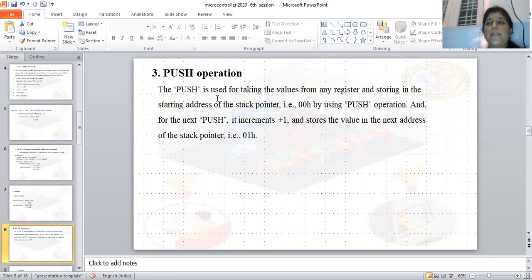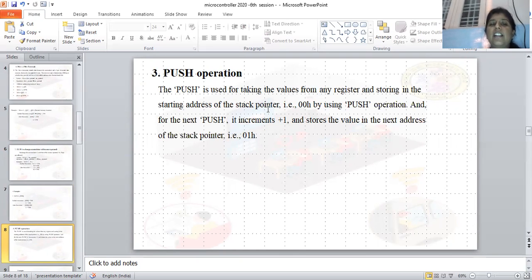Coming to the push operation, push and pop instructions will be discussed now. Push is used for taking the values from any register and storing them at the address of the stack pointer.